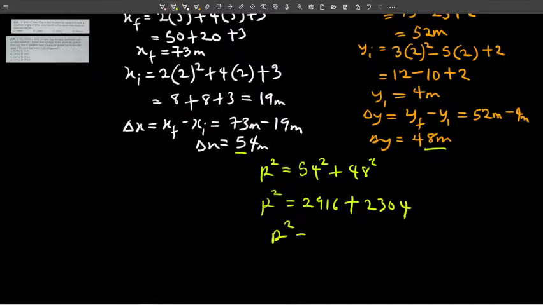So R square will be equal to 5220. So R will be the square root, as the resultant.